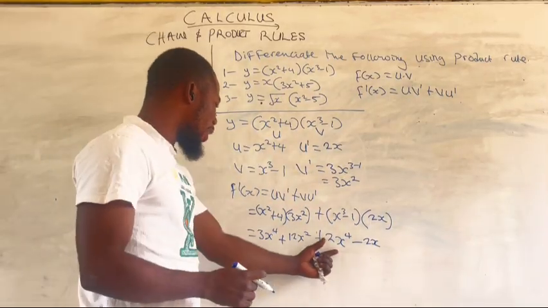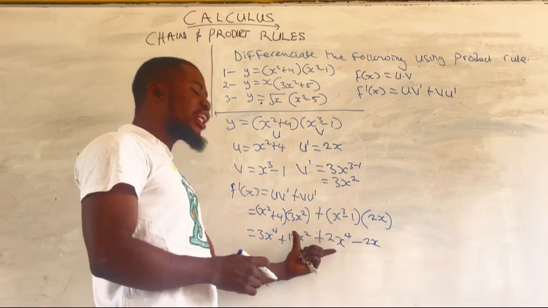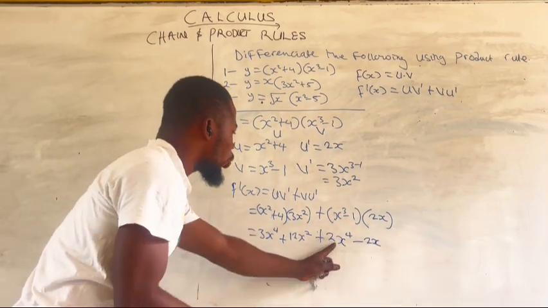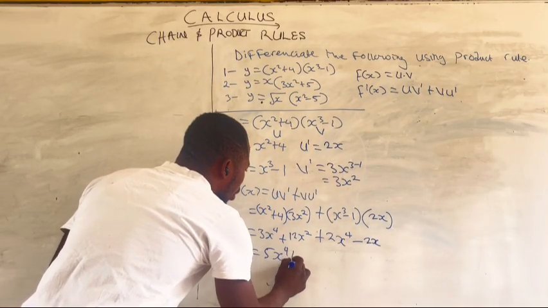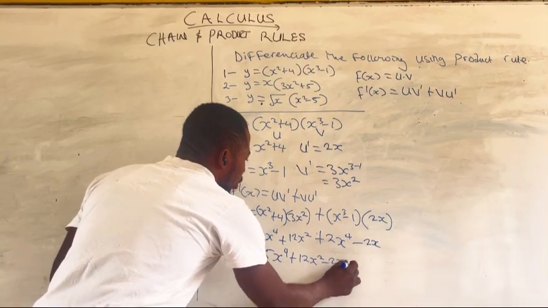We have similar terms: 3x to the 4 plus 2x to the 4. We can add them together, 3 plus 2 gives 5x to the 4, plus 12x squared minus 2x.